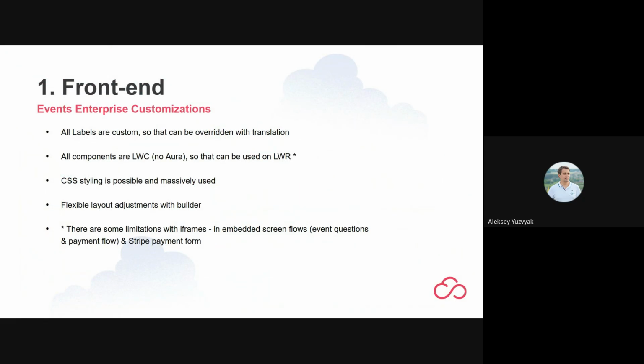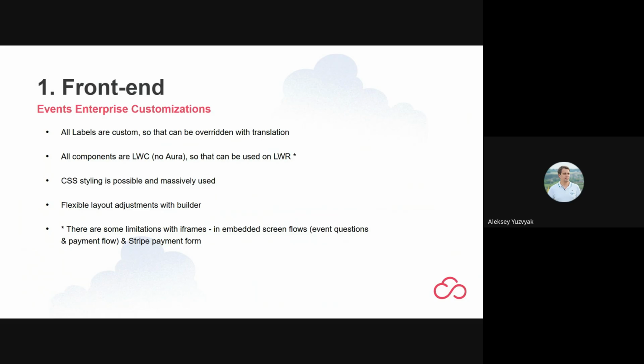First of all, it's about the front end. Our front end team is very familiar with the Event Enterprise app, and if you have any questions, please ping them. I will just mark some points here.